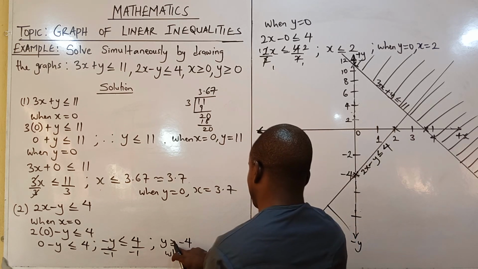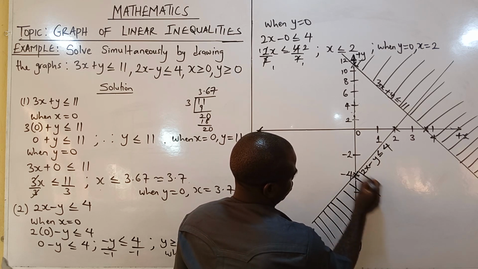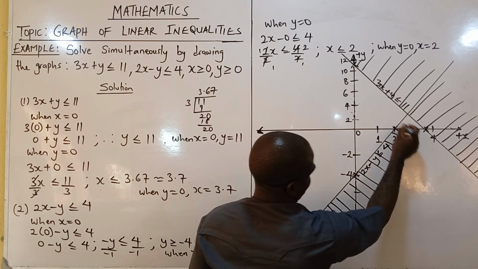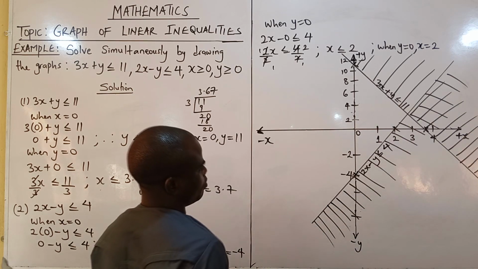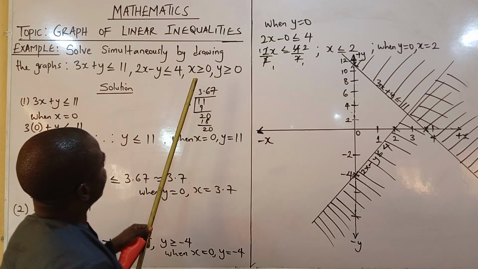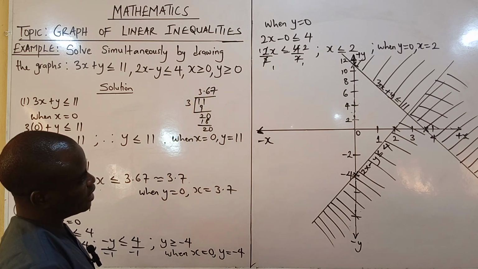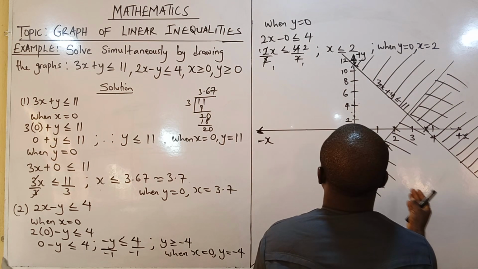But don't forget that we are also using the next one. Next is that we use x greater or equal to 0.